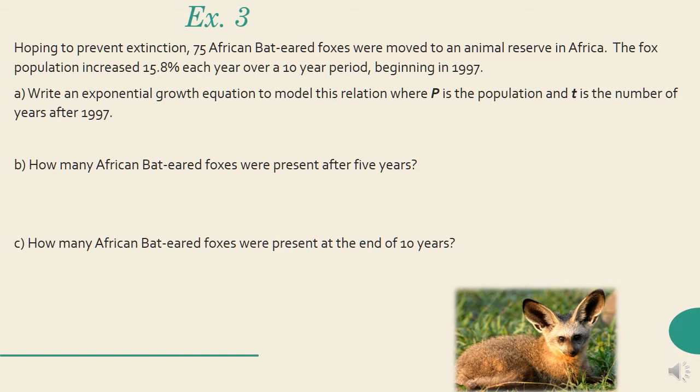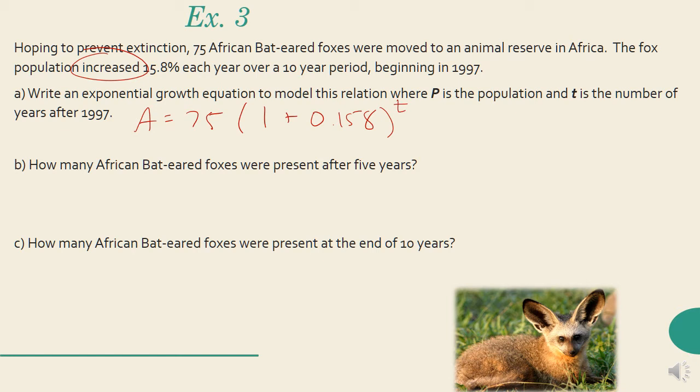So A equals our starting population, 75, 1. Does it say increasing or decreasing? It says increased, so that's plus. Again, you can't put 15.8 in. Convert that to a decimal, 0.158, and to the T.